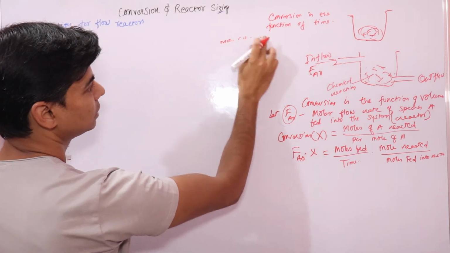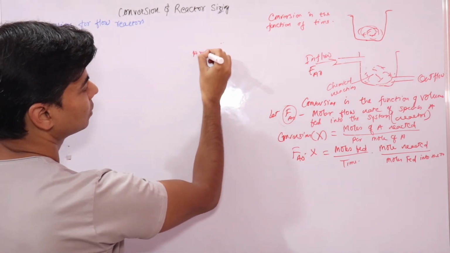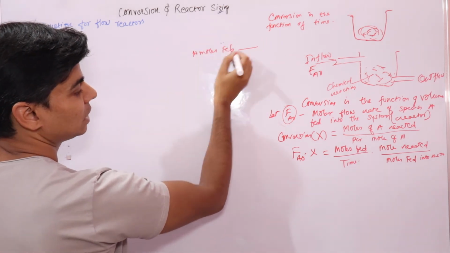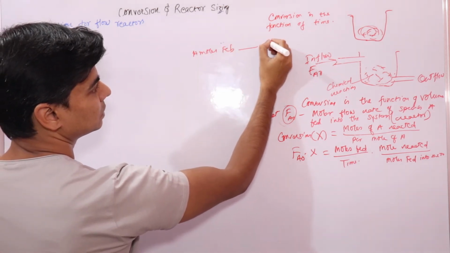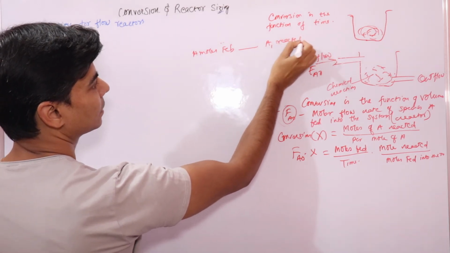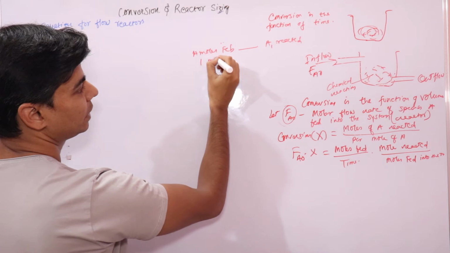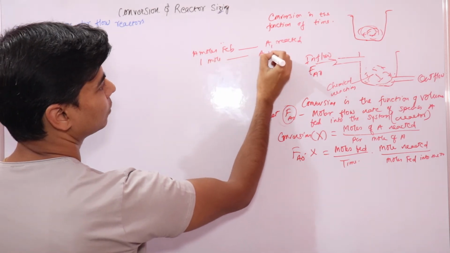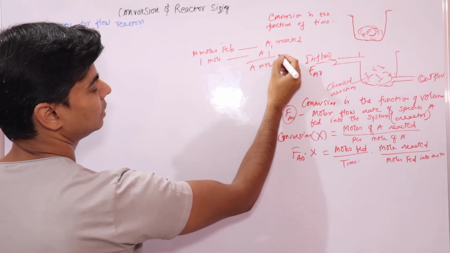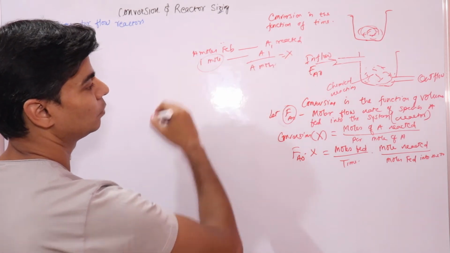If A moles are fed into the reactor, out of these A moles, say A1 reacted. So if 1 mole is fed into the reactor, then A1 upon A moles is your conversion for 1 mole.